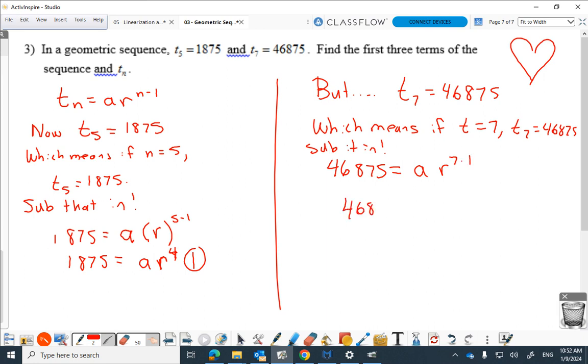And again, just to say this out loud so you get used to it: why is that equation so scary? Well, it's got big numbers, yes, but two variables.